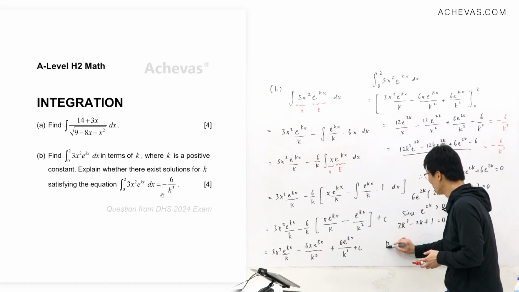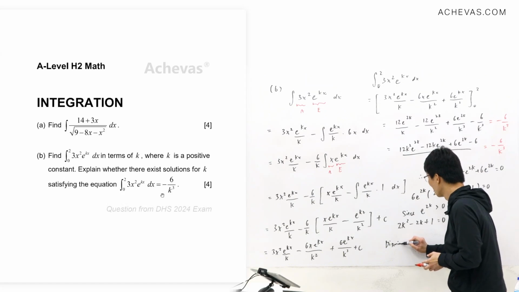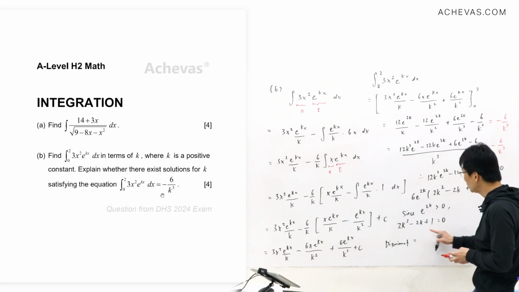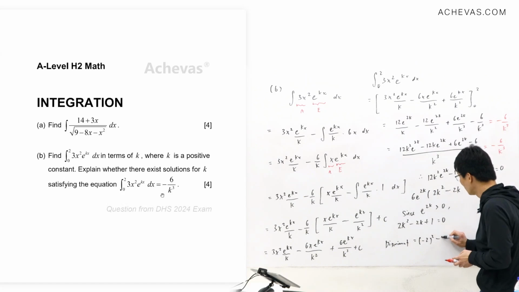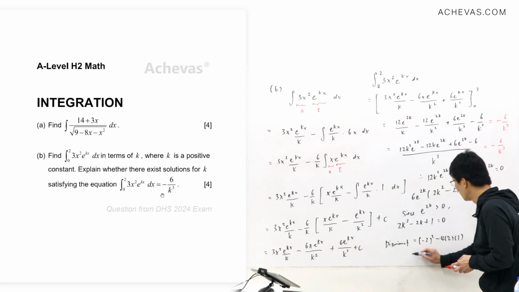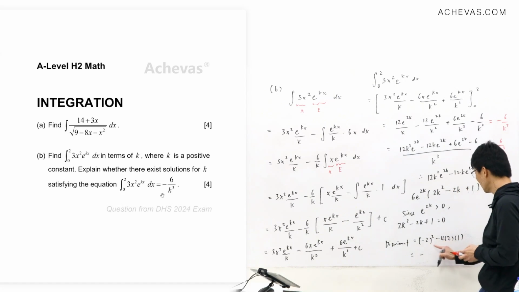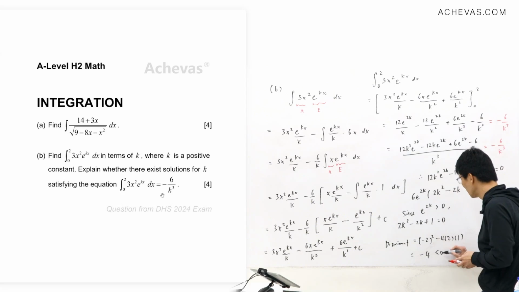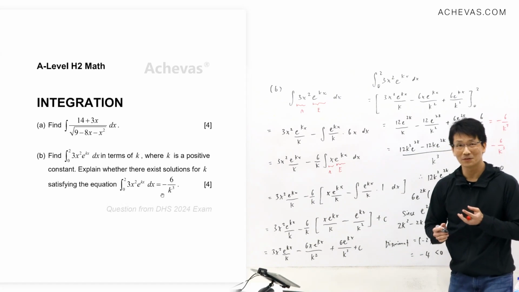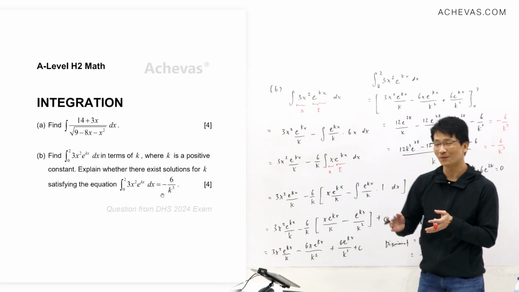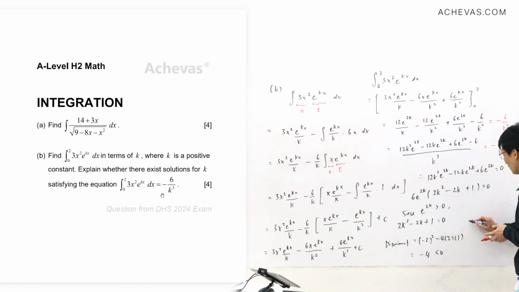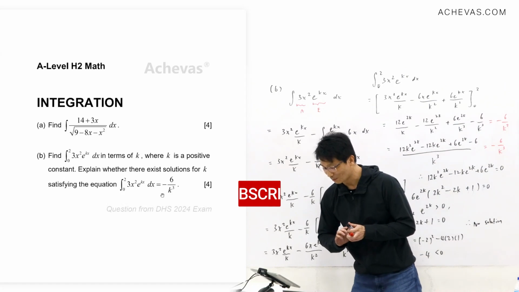In this case, the discriminant will just be b squared minus 4ac, which will give me minus 4, which is less than 0. Less than 0 for the discriminant means there will be no solution for this quadratic equation. So therefore, no solution. All right, that will be my answer for my part B.